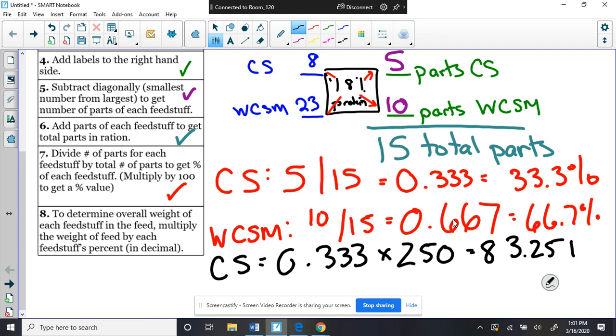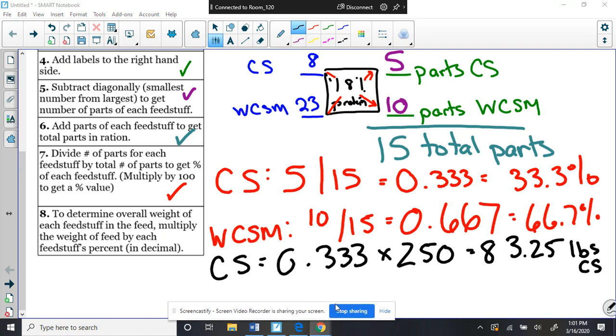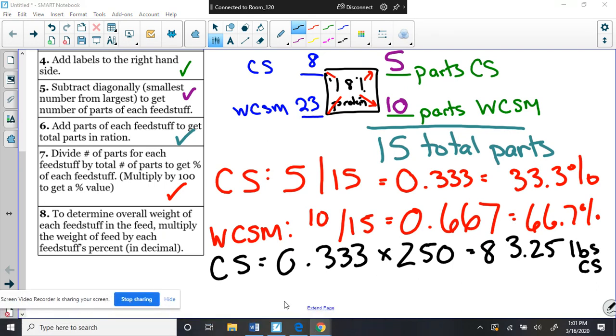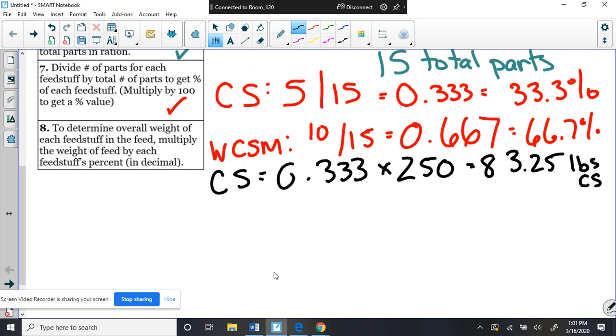So I'm going to put in LBS for pounds, and I'm also going to make sure that I put CS for corn silage. That's how many pounds of my overall ingredient are going to be corn silage. Move that really quick. Give us a little bit more space. All right, so I know my corn silage amount for my recipe.